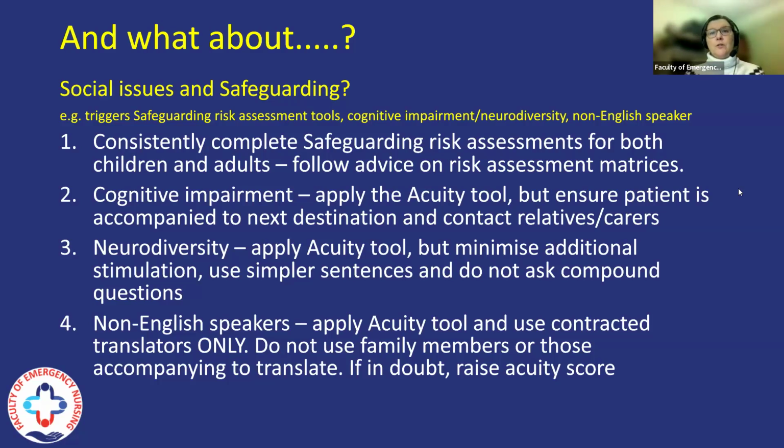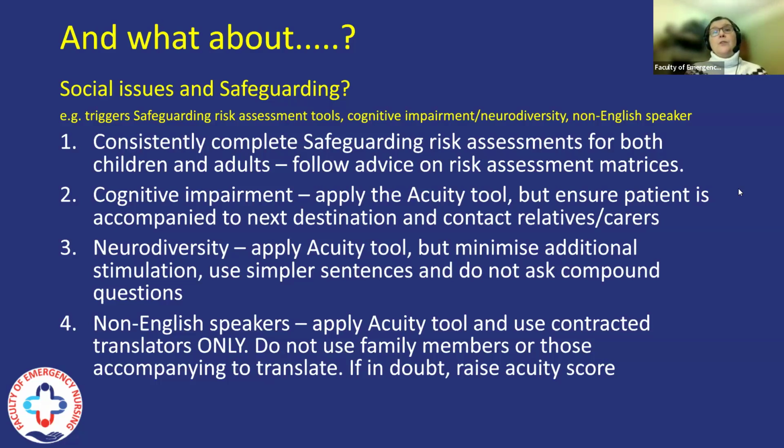So if you can just minimize additional stimulation, and that might be as simple as keep their back to the rest of the waiting room so that they face a wall or face looking out of a window or something. That will help. Some departments have kits for neurodiverse patients, so ear defenders or dark glasses and that sort of thing that comes in a bag that's single patient use, and obviously the patient then has it for future visits.